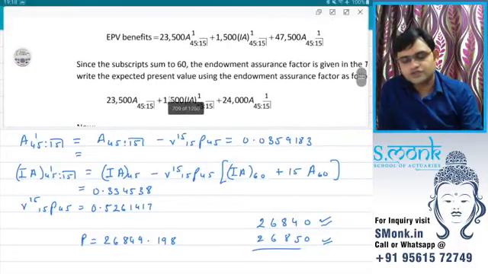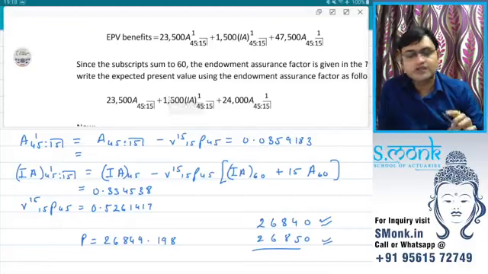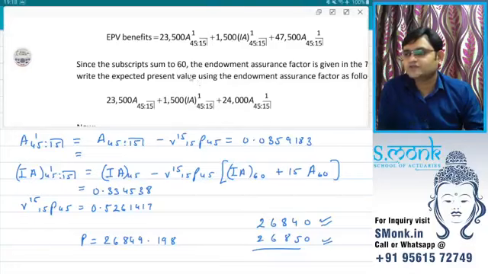If your equation is not matching, first look whether they have done using endowment or whether they have done using term. So both of these equations are exactly same, but instead of taking only term here, they have made it into endowment. The extra value came from here. That is why instead of 47,500, it has gone down to 24,000.